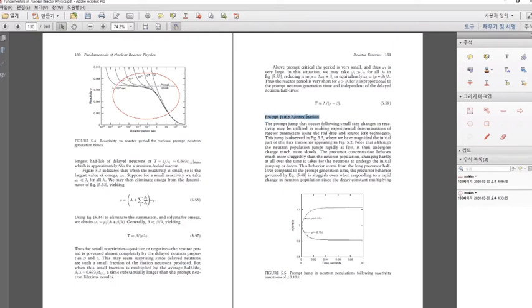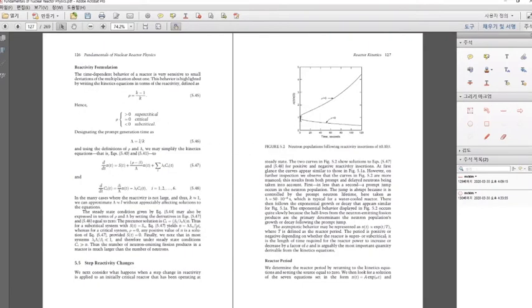From now on, we are going to talk about prompt jump approximation. In fact, this can also be found in figure 5.2, on page 127. When the reactivity is plus or minus 0.1 beta, the magnitude of reactivity is 0.1 dollar or 10 cents.